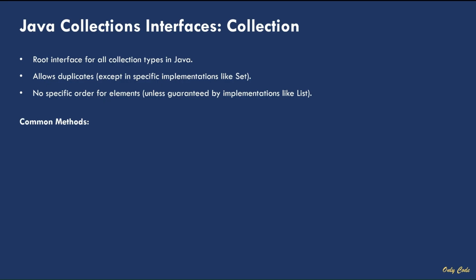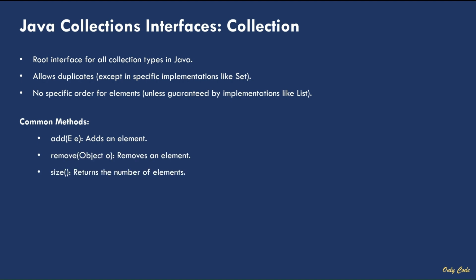Common methods defined in the collection interface are: add, adds an element to the collection; remove, removes the specified element; size, returns the total number of elements in the collection; clear, removes all the elements from the collection; contains, checks if the collection contains a specific element.